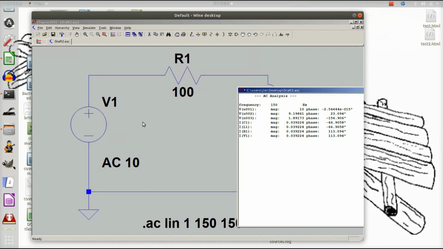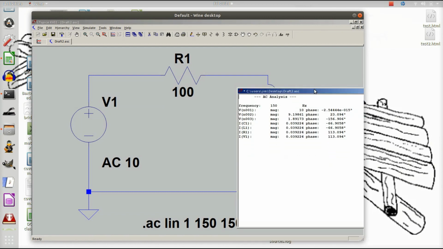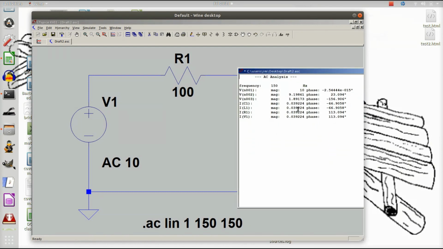But we have to remember in AC circuits there is a phase shift. And this analysis is showing me the voltage from each point. So if I go from this point to the left of the resistor down to my ground, I get my 10 volts. If I go from this point down to my ground, I get 9.2 volts.